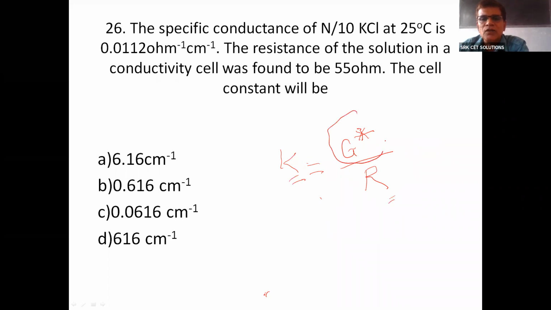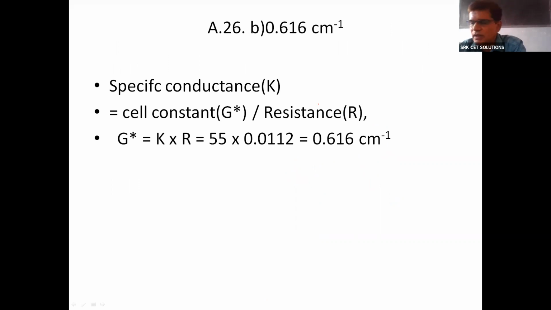What you need to calculate is this cell constant. So let us see the calculation. Yes. K is equal to G star by R, but we want just the cell constant, so we want specific conductance into resistance. That comes to 0.616 per centimeter.